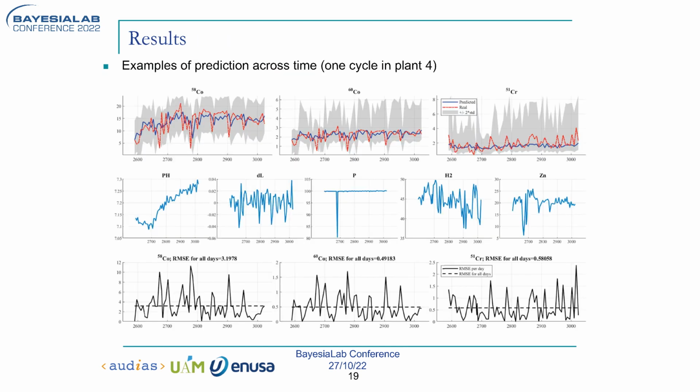This is an example of predictions in time for the isotopes in the nuclear power plant. In one of the plants, this is plant 4, and this is one of the cycles of plant 4. The prediction has been done with this cross-validation procedure, which is fair in the way of separating training and test data. We have the predicted isotopes in blue and the real values in red.